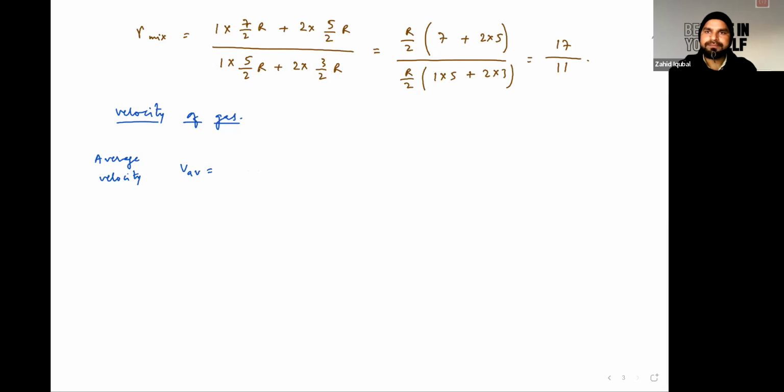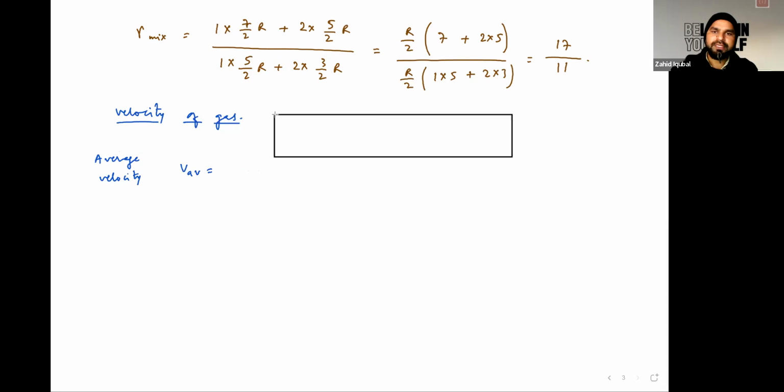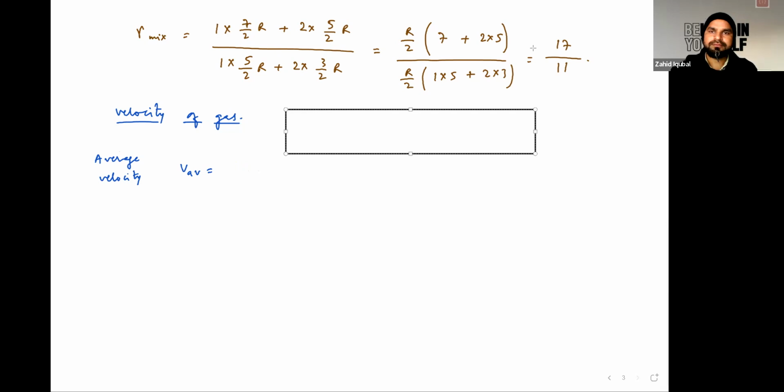Let me define it. Suppose you have a tabular form in which this is the velocity of gas and this is the corresponding number of particles moving with that velocity.